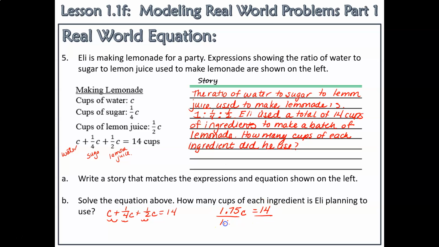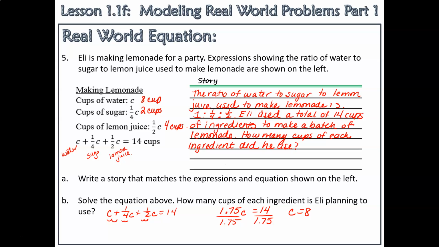So if we divide each side by 1 3/4, we get 8 cups. So the C is the water, so 8 cups of water. A quarter of that, or if you divide it by 4, is 2. So you need 2 cups of sugar. Yikes, that's sweet. And then if you take a half of that, a half of 8 is 4. So I guess that sweetness is balanced out because you need 4 cups of lemon juice.